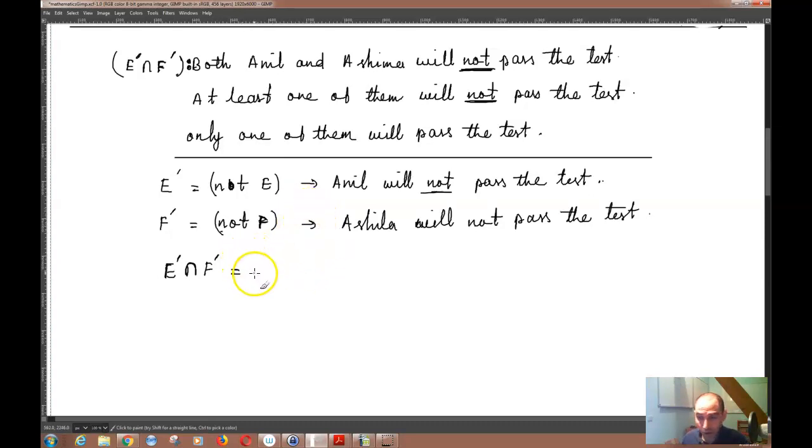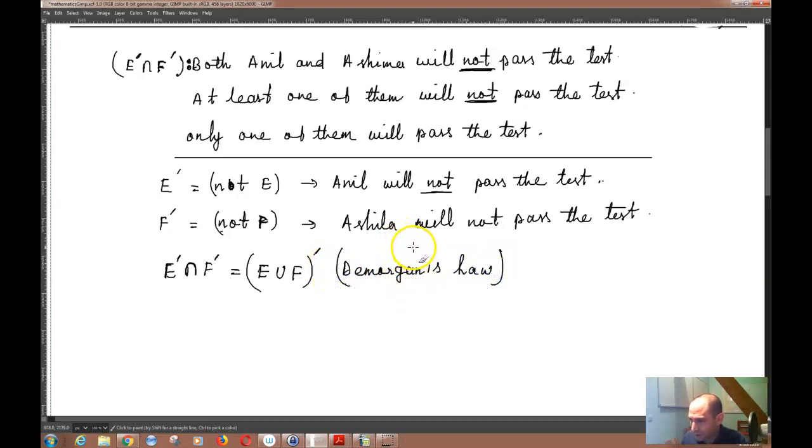But long story short, that is equal to E union F, whole prime. So E prime intersection F prime is always equal to E union F whole prime. That is called De Morgan's law.